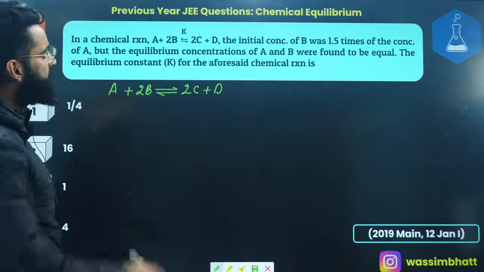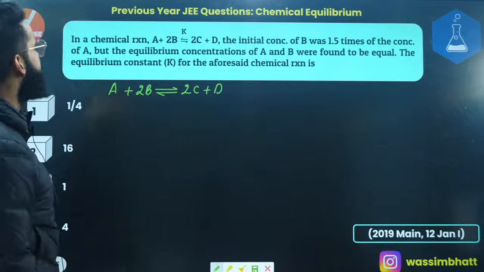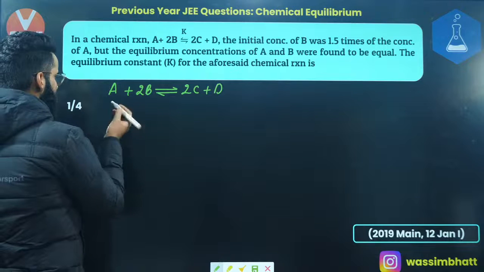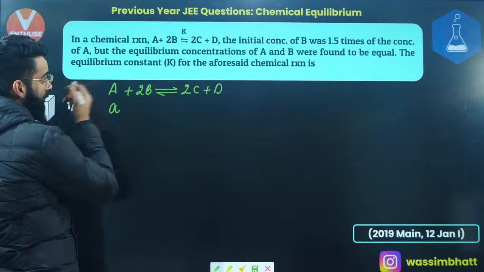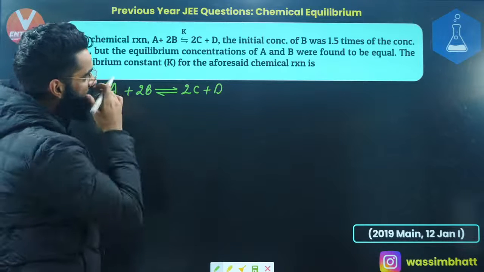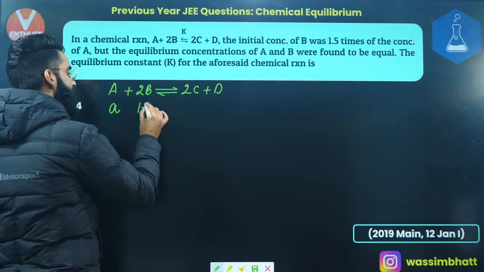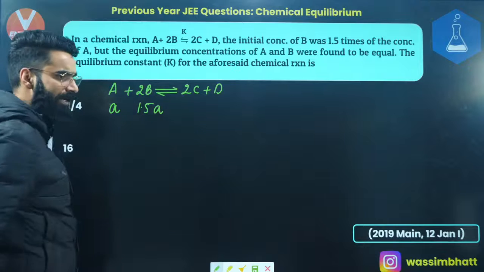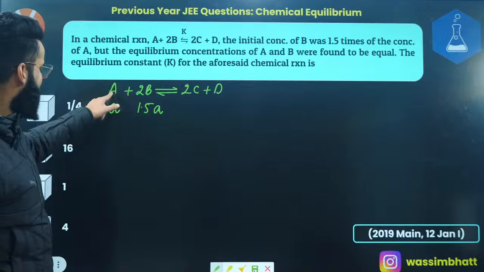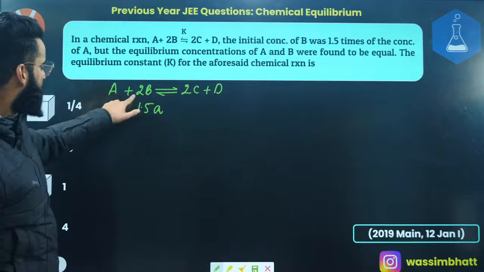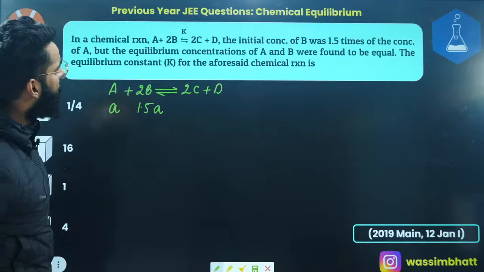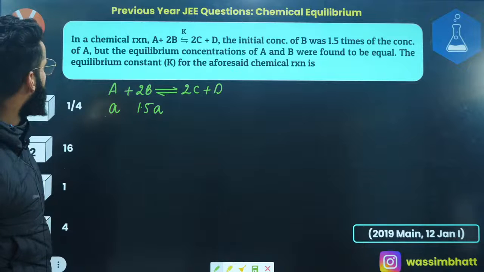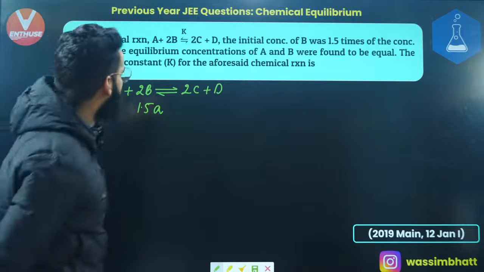The initial concentration of B was 1.5 times the initial concentration of A. So let's say the initial concentration of A is small a, and the initial concentration of B is 1.5 times A, so it's going to be 1.5a. But at equilibrium, the concentrations of A and B were found to be equal. The equilibrium constant Kc for the reaction will be.